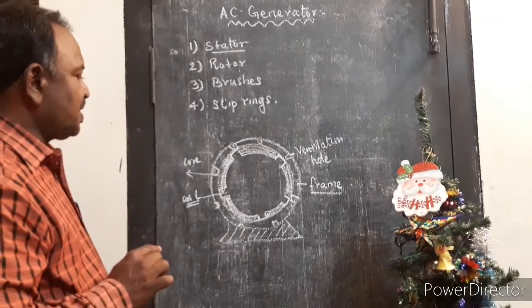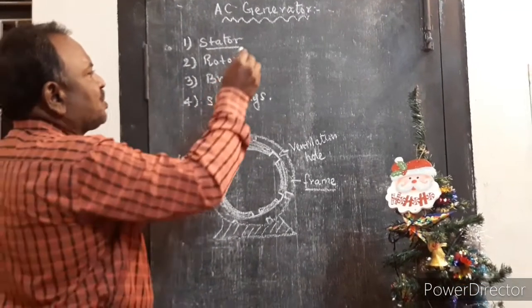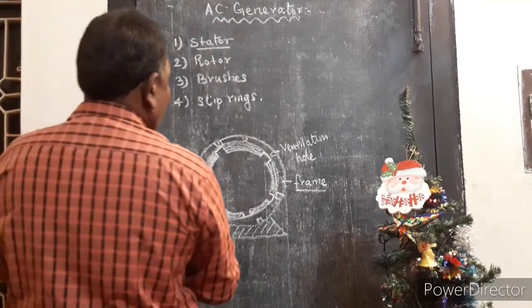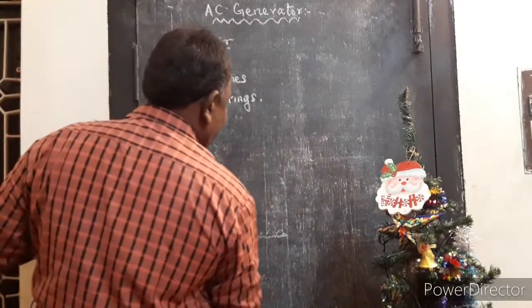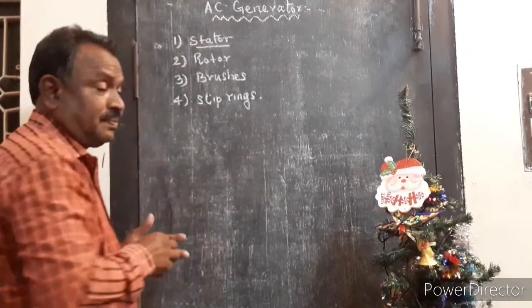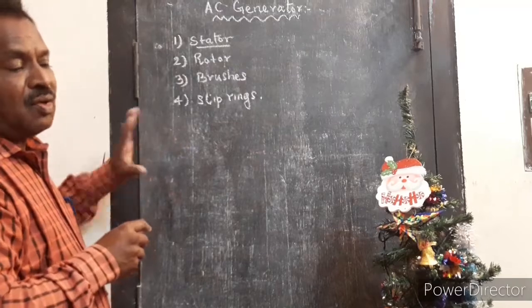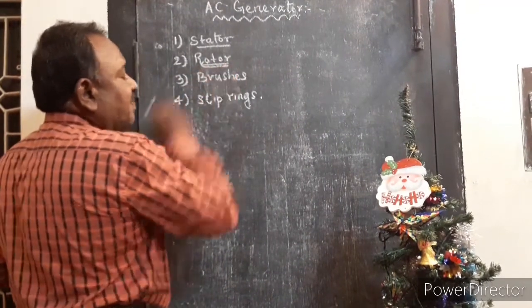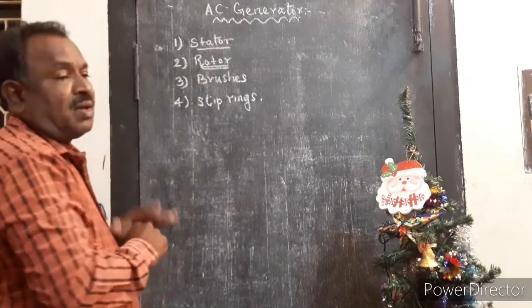Next we are going to see the construction of the rotor. The stator has the armature coil. The rotor has the field coil.